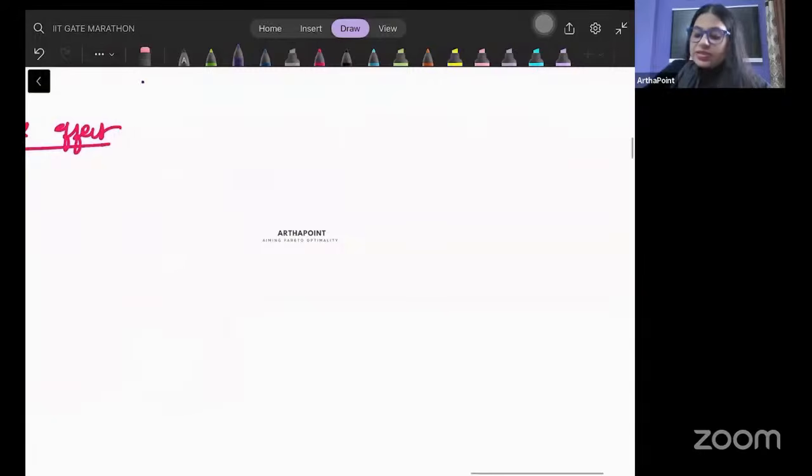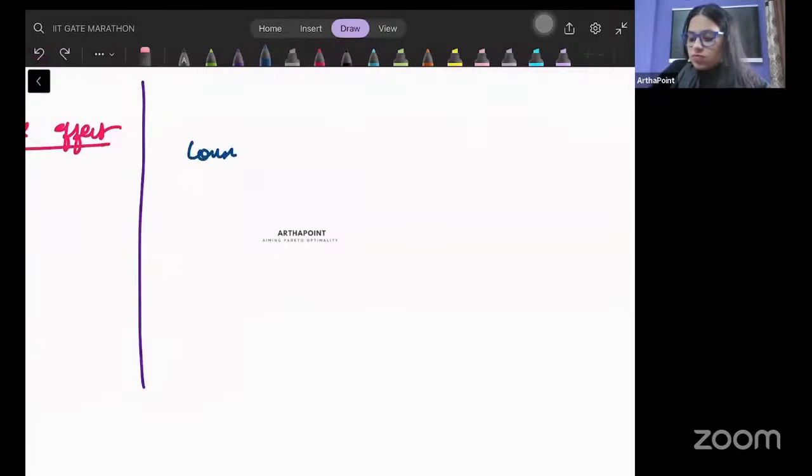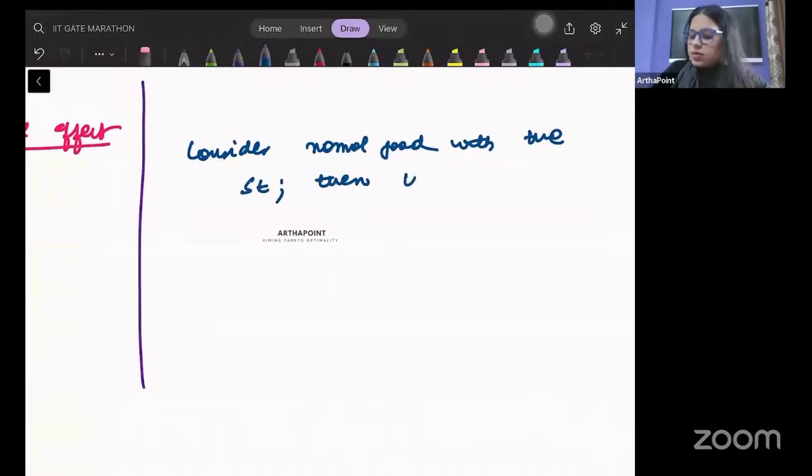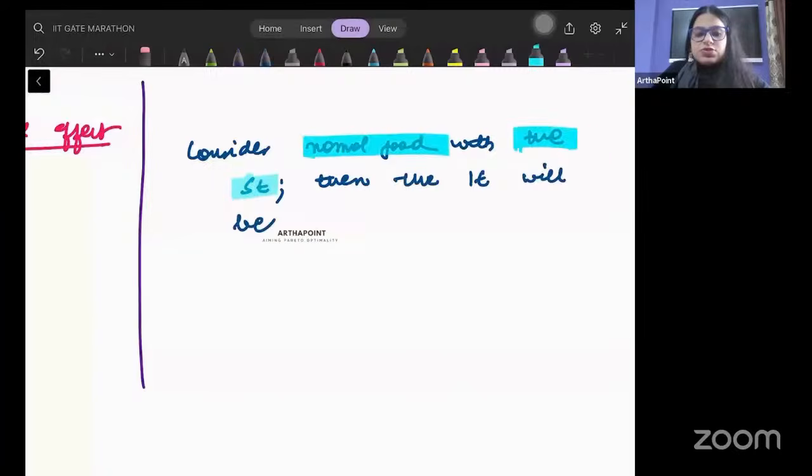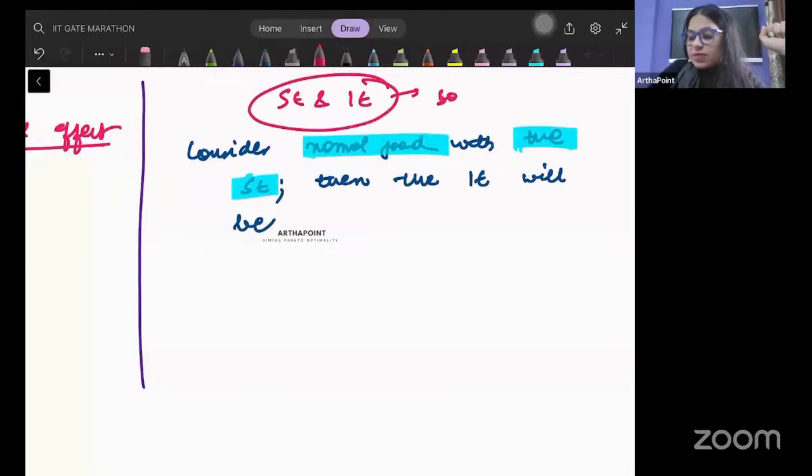But suppose they have written in the question: consider a normal good with positive substitution effect, then the income effect will be... If they write something like this, they have assumed positive substitution effect, then what will we do? One thing we just have to remember about normal goods is that substitution and income effect will also move in the same direction.